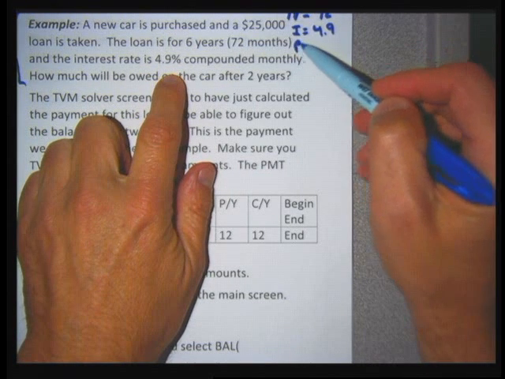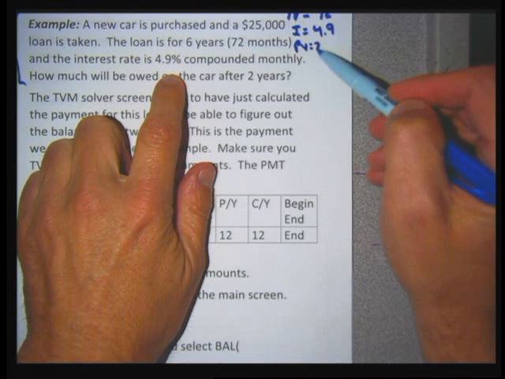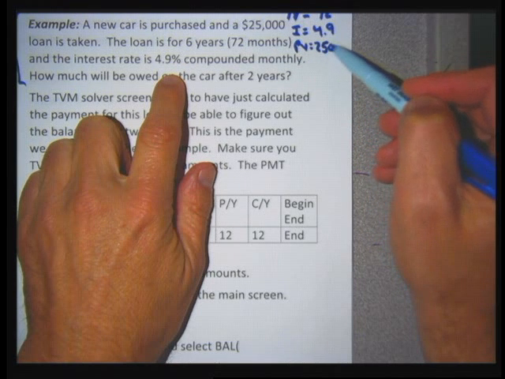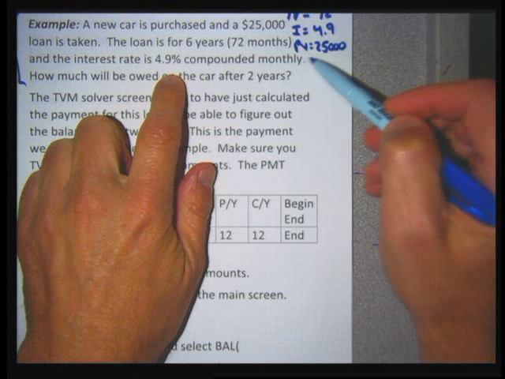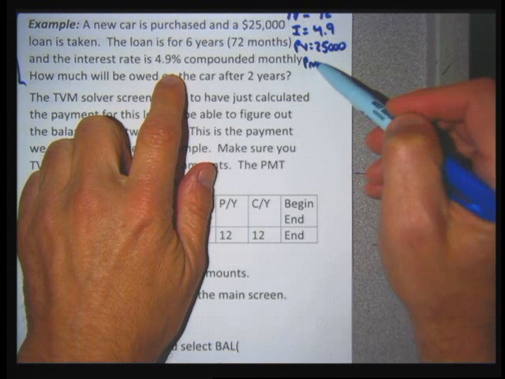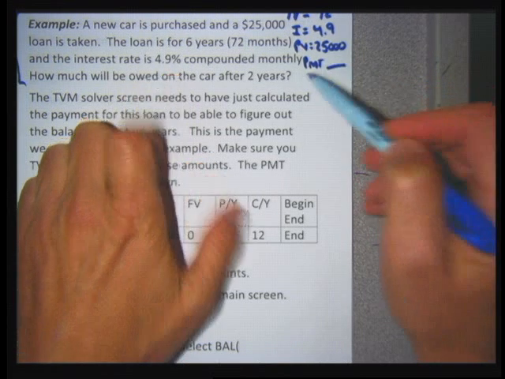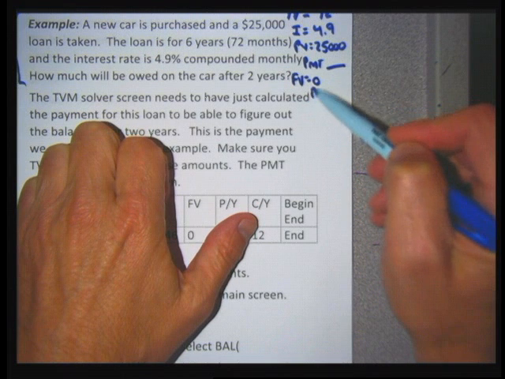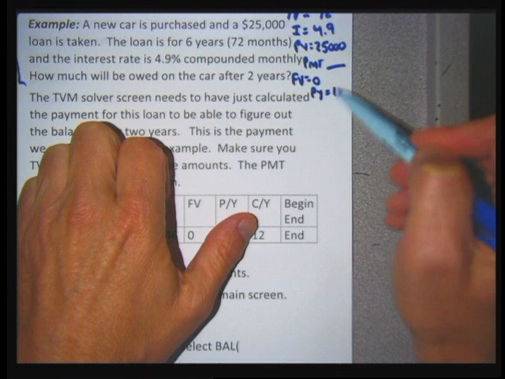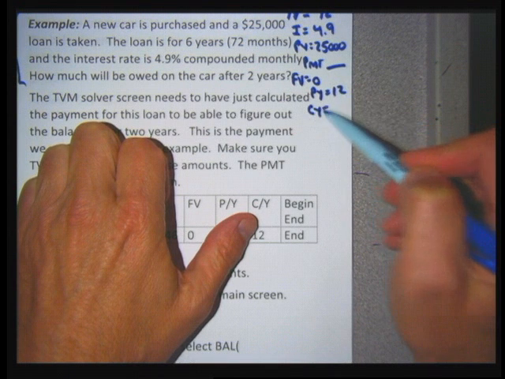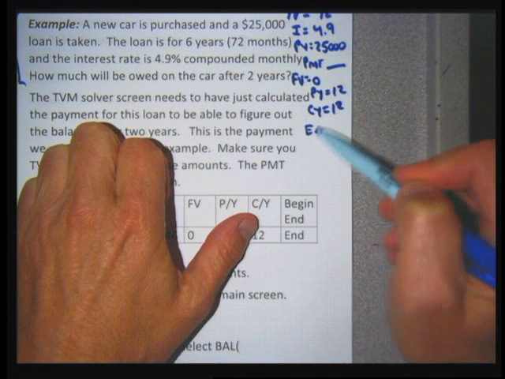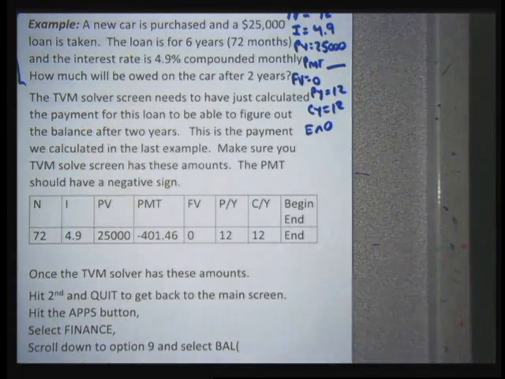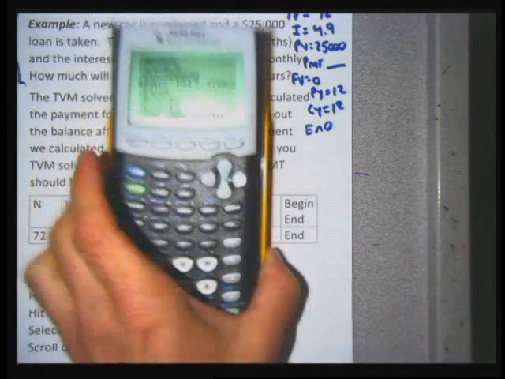For the PV, I'm going to do the loan amount, which is $25,000. For the PMT, I'm going to solve. Future value is going to be 0. PY is going to be 12. CY is going to be 12. And I'm going to leave my calculator on end.